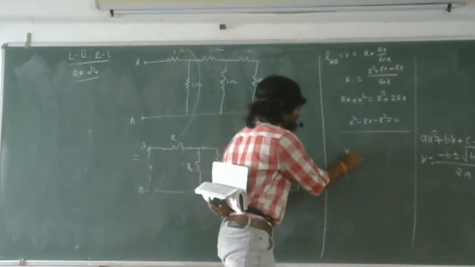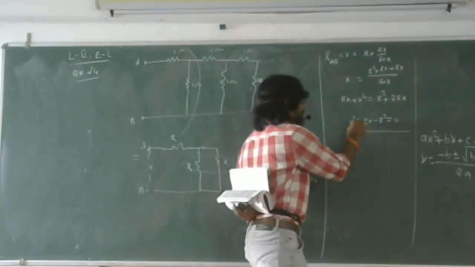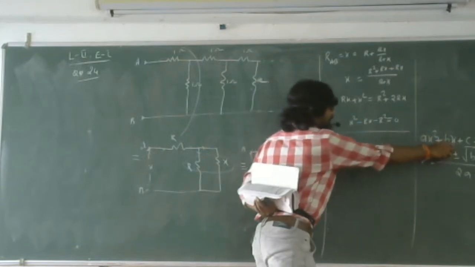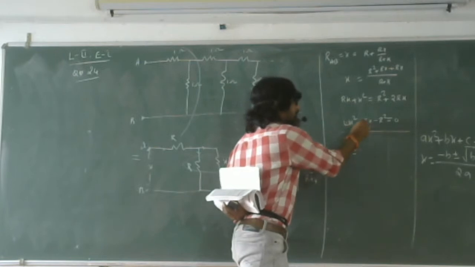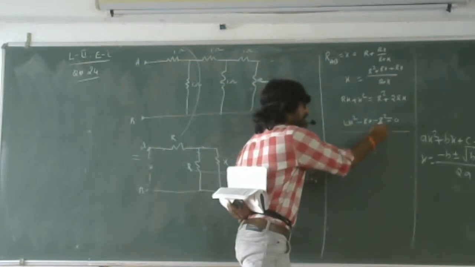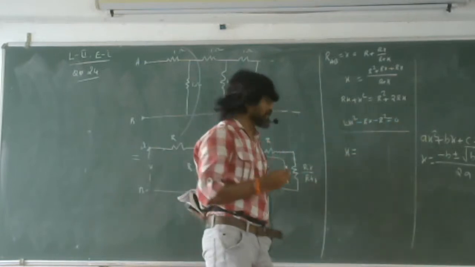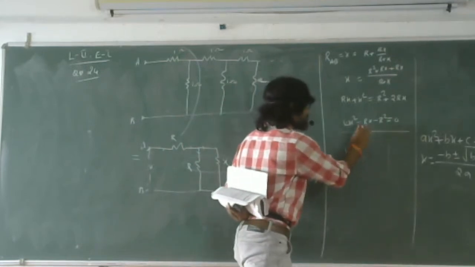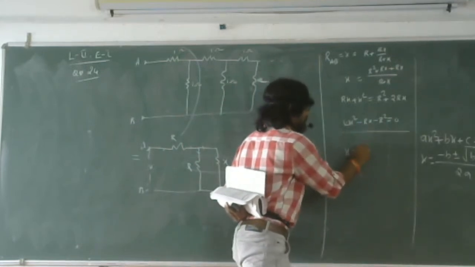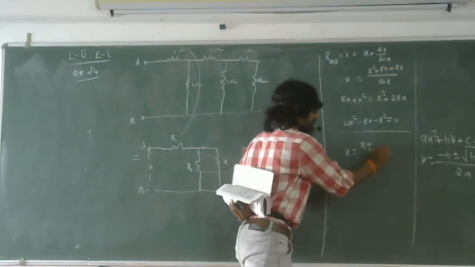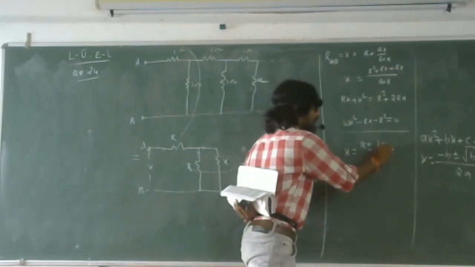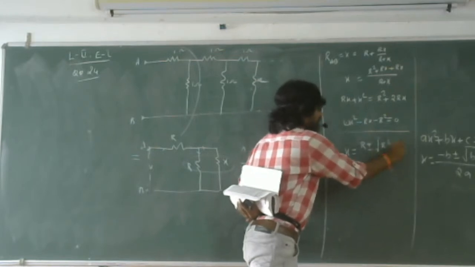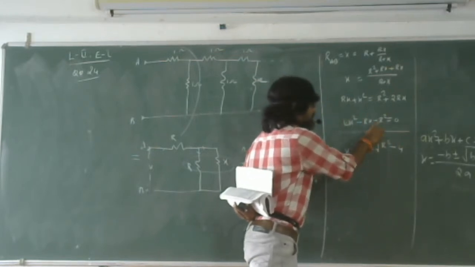So you can take this as x is equal to, if you compare with ax square plus bx plus c, in place of a we have 1, in place of b we have minus R, c we have minus R square. You substitute this, you will get minus b. What is b? Minus R. So minus of minus is plus R, plus or minus square root of b square, that means minus R whole square, R square, minus 4, a is 1, c is minus R square.